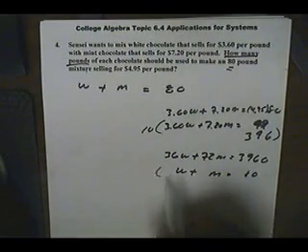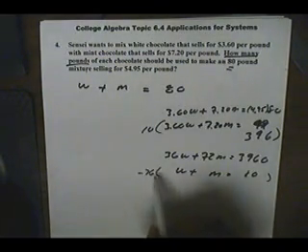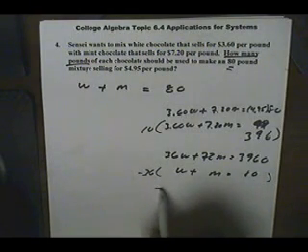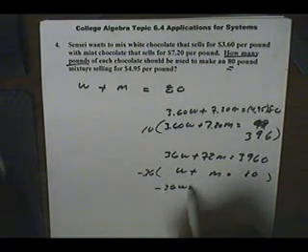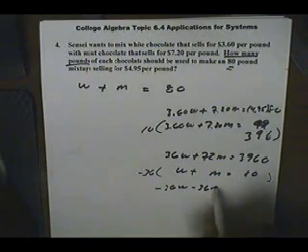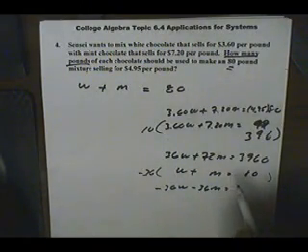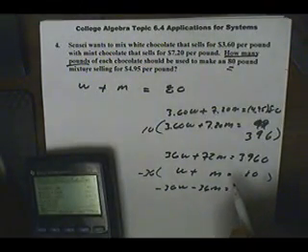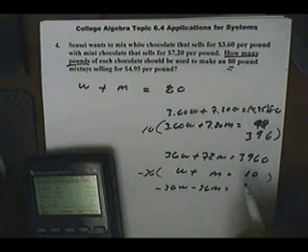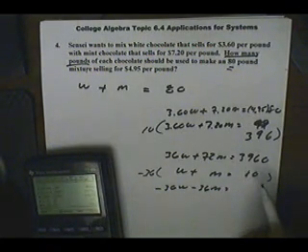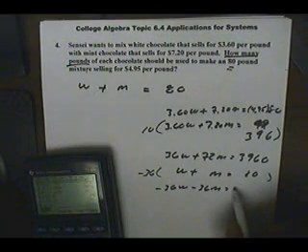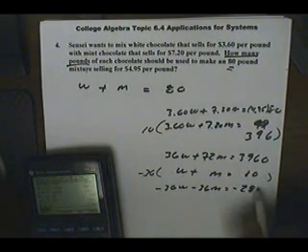Now I'm going to multiply all of this by a negative 36. This will give me negative 36W minus 36M, and then again the negative 36 multiplied by the 80 will give me a negative 2880.